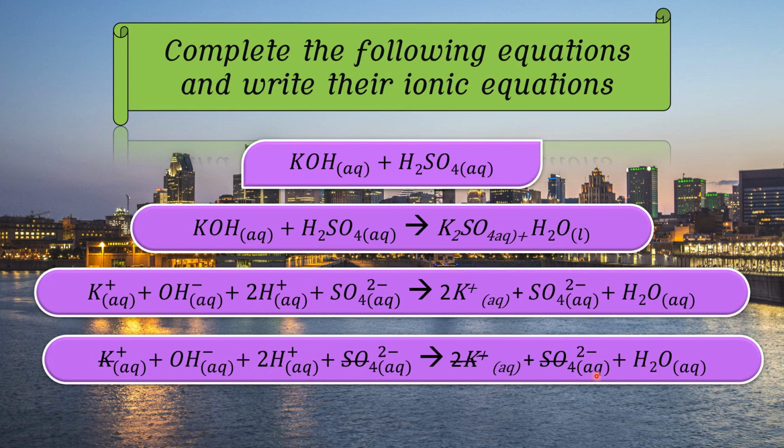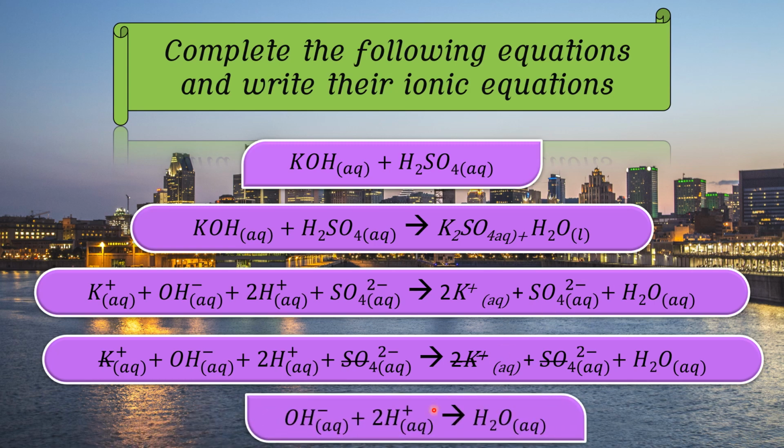On the other side, we shall remain with only water. So those are the ones that are going to be included in our ionic equation. So our ionic equation will include the hydroxide ions and the hydrogen ions, which are going to give us water.